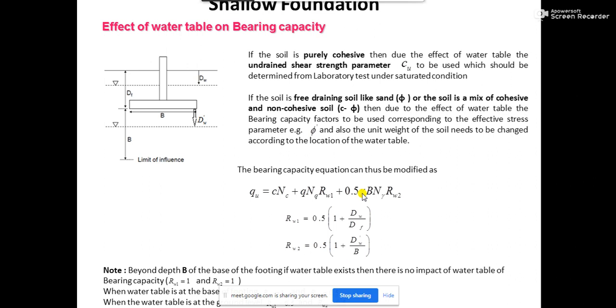Now instead of the gamma bulk, if you want to use some other unit weight of soil, because when the water table goes up, the unit weight of soil will change. The portion of the soil which will be completely under the water table will actually be in a submerged state.